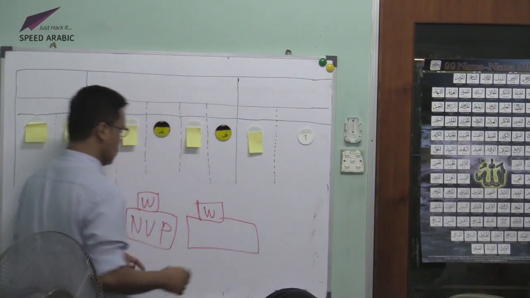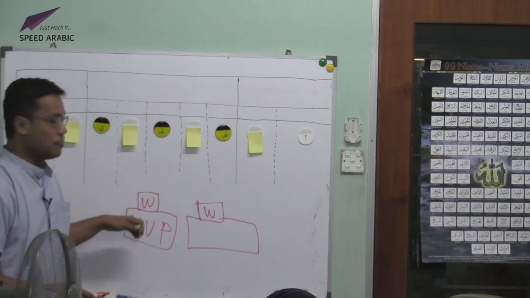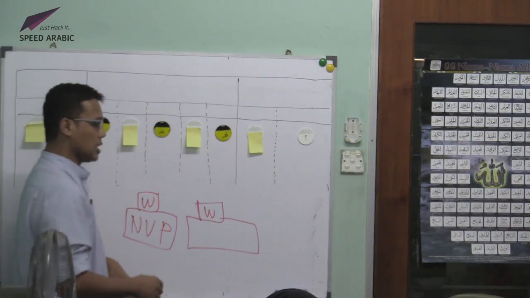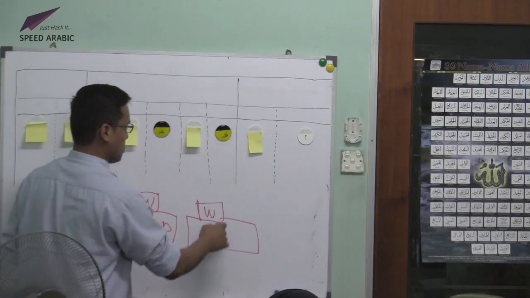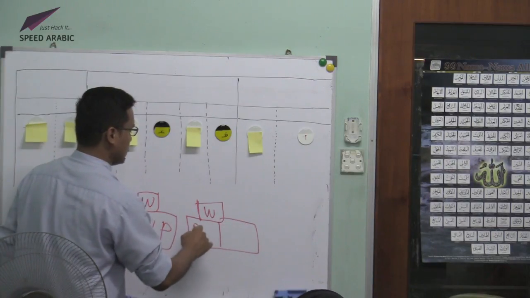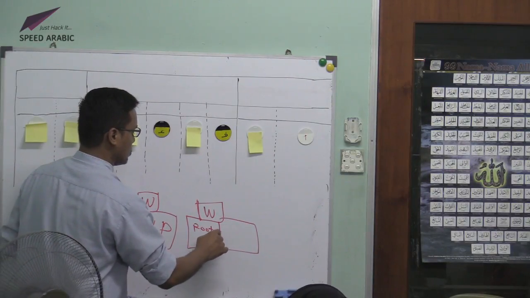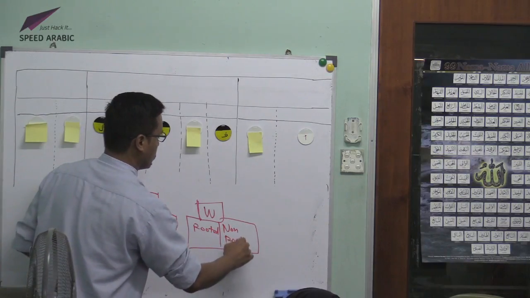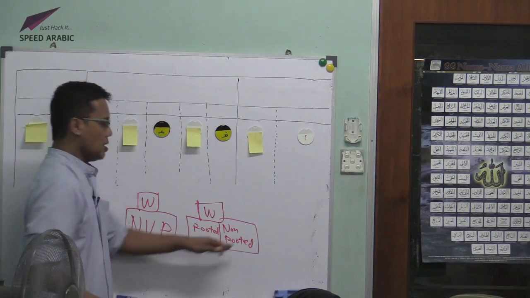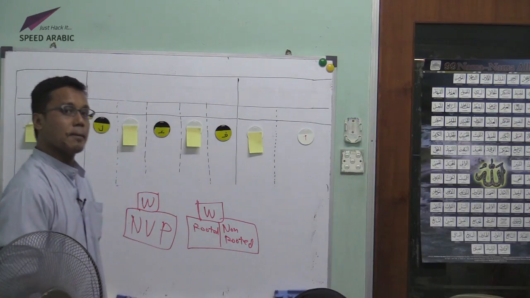I have introduced to you last week that besides dividing words into types, noun, verb, particles, you can also divide words based on whether they are rooted or non-rooted. What are the non-rooted words?